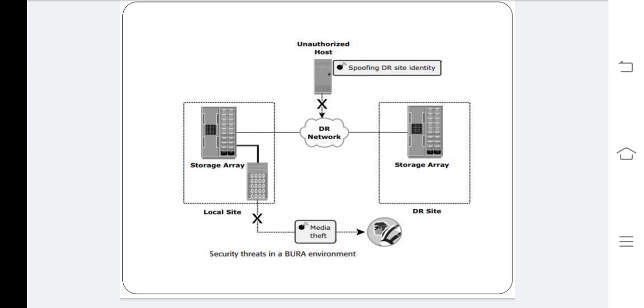Otherwise, an attacker can spoof the identity of the backup server and request the host to send its data. In addition, attackers can use the DR network connection to tamper with data, snoop the network, and create a denial of service attack against the storage devices.